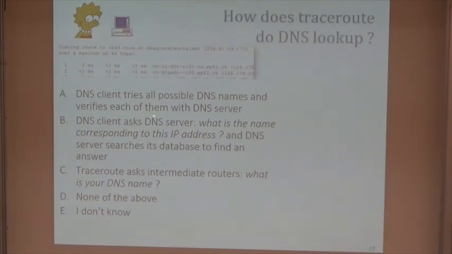If you think about it, here it's searching the database. I mean, how would DNS clients, so it's almost correct in the sense traceroute has only the IP address, so it has what is called the reverse DNS lookup problem. I have an IP address, I want to find the name. If I have one database, one big table on my computer, I can do a reverse search.